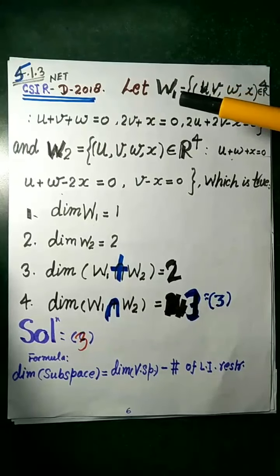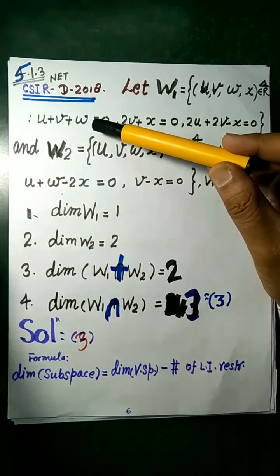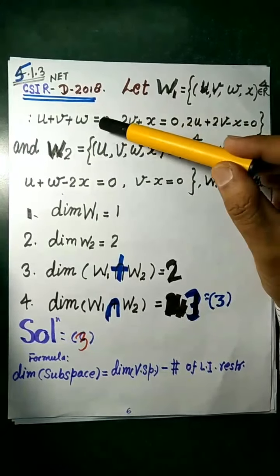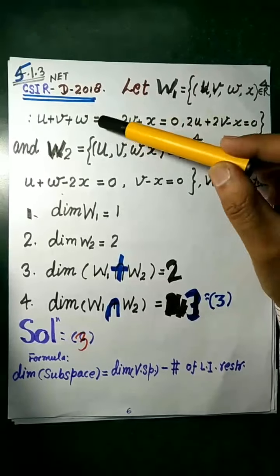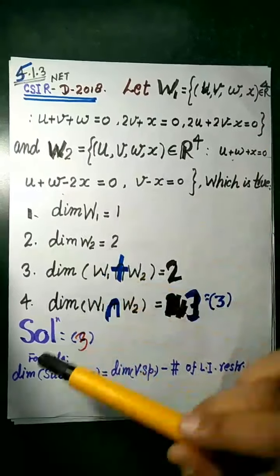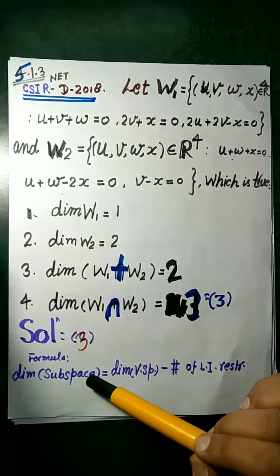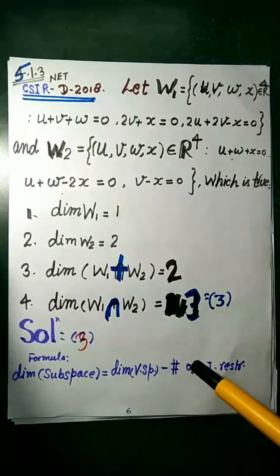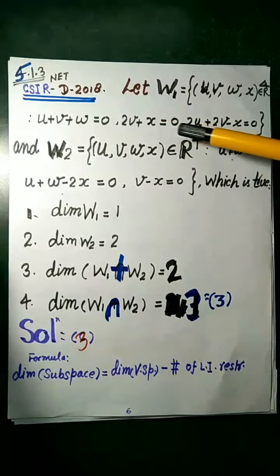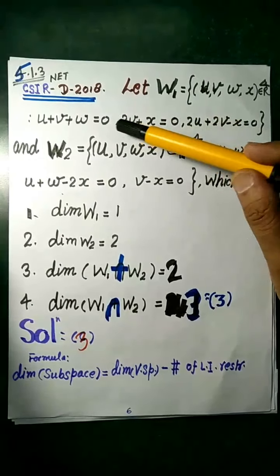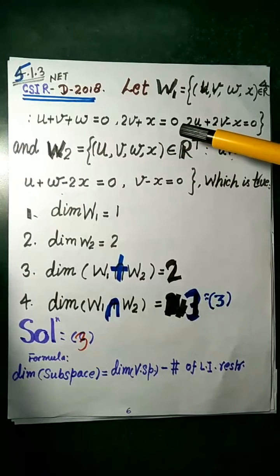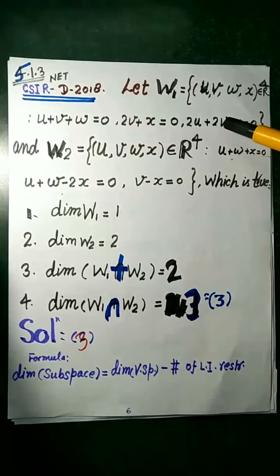The second way is that we consider the coefficient matrix of these restrictions and find the rank, and then we apply this formula. Basically, the dimension of the subspace equals the dimension of the vector space minus the number of linearly independent restrictions. We will obtain the linearly independent restrictions from the coefficient matrix and its rank.